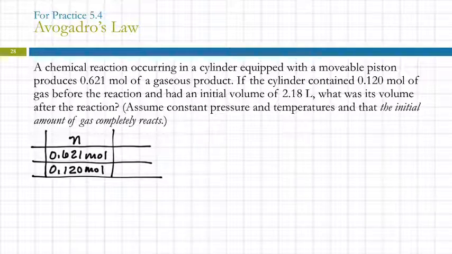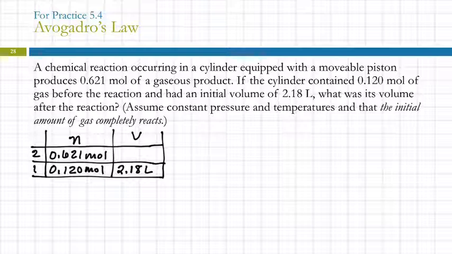So I want to put the 2.18 liters in the same row as this. These two go together. It doesn't matter if you call them 1 or 2, but they need to be paired up the right way. So this one was after, and this is the starting, the before. So if it bothers you that that's on the bottom, we can call the bottom row 1 and the top row 2, if that makes you feel better.